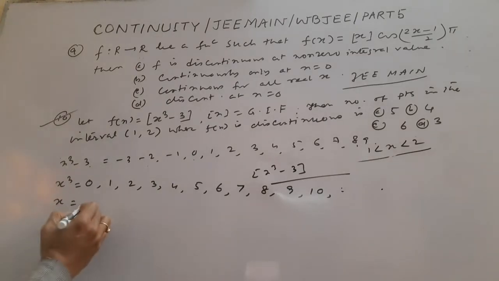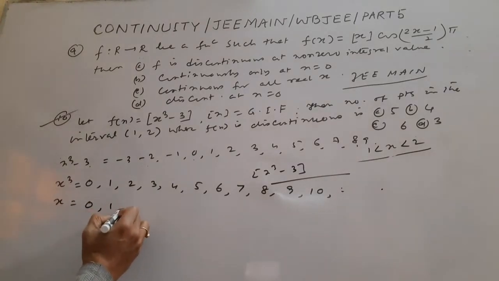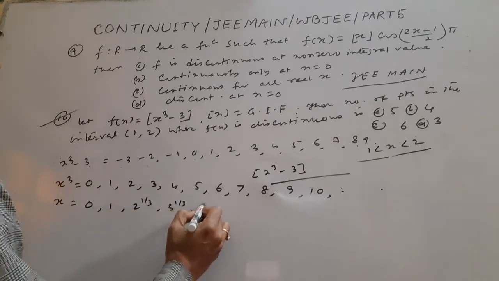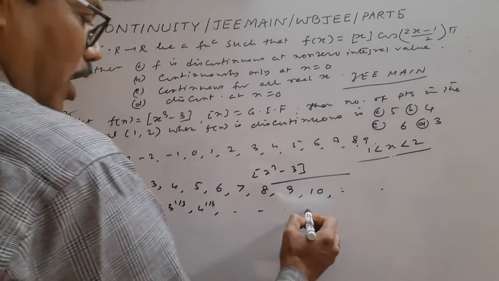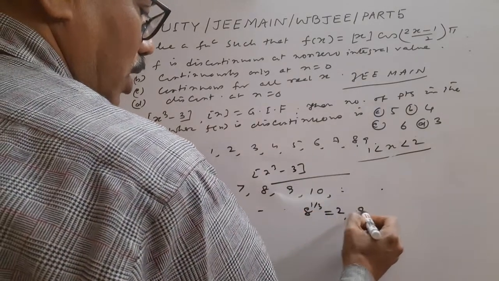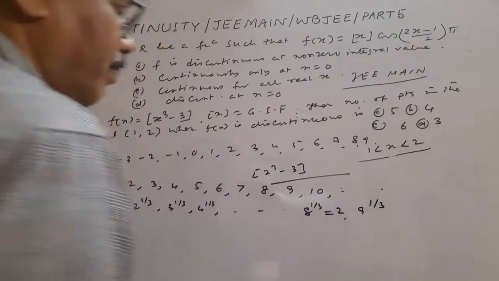X equals to 0, 1, 2 to the power 1 by 3, 3 to the power 1 by 3, 4 to the power 1 by 3, 8 to the power 1 by 3 equals to 2, 9 to the power 1 by 3.